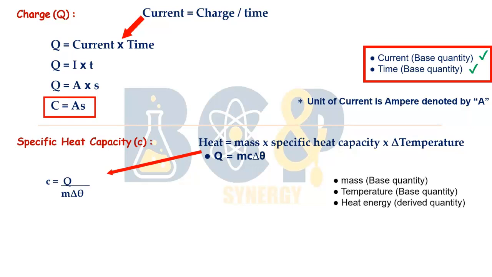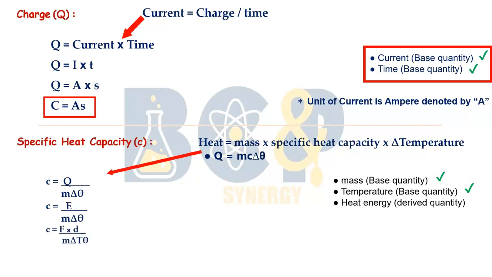Here mass is a base quantity, temperature is a base quantity, while heat energy is a derived quantity, which we have to break down. Then we can say that specific heat capacity is equal to E divided by m delta theta. E is energy, M is mass and delta theta is temperature.